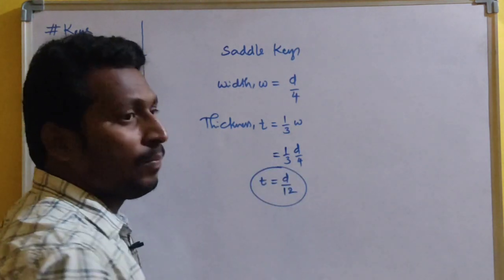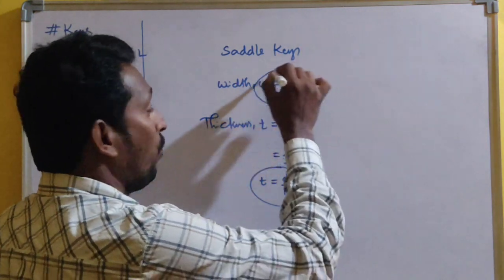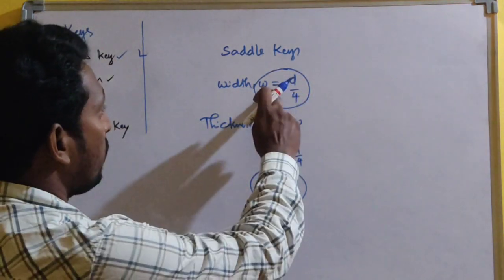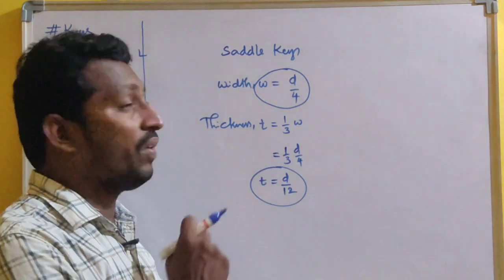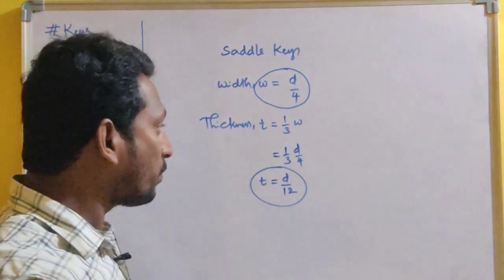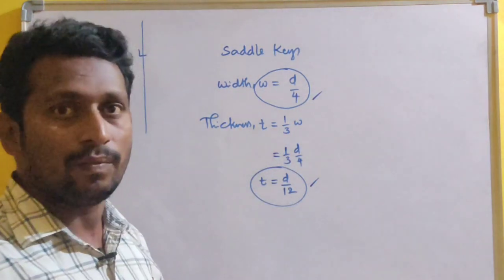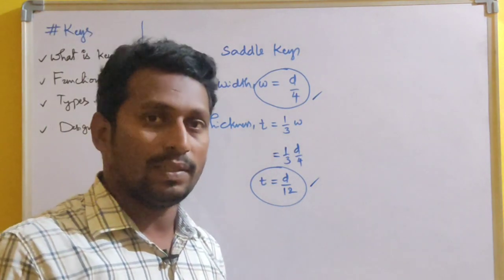So the thickness will be D by 12 and the width is the same D by 4, as we have seen in the rectangular key. So these are the dimensions for the saddle keys.